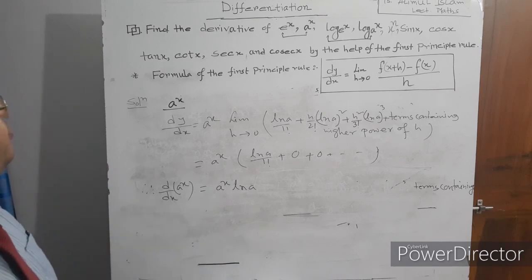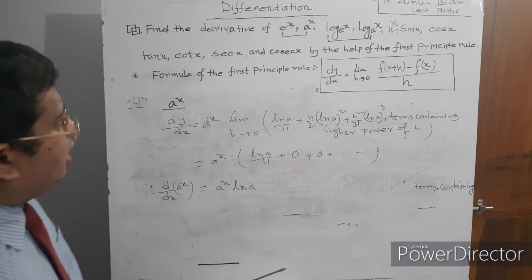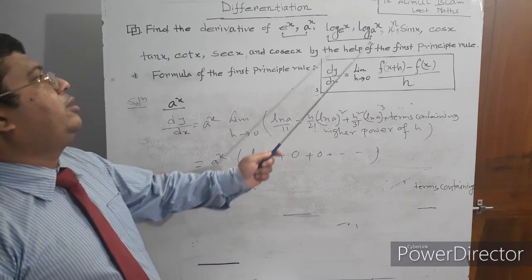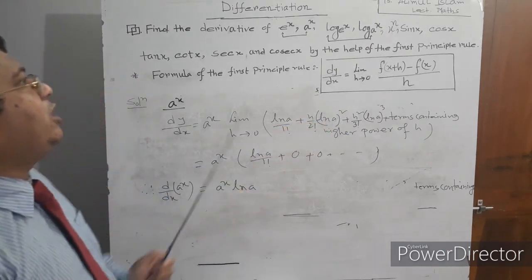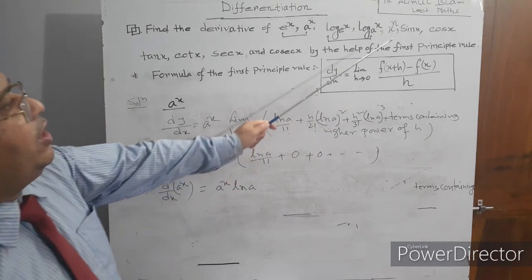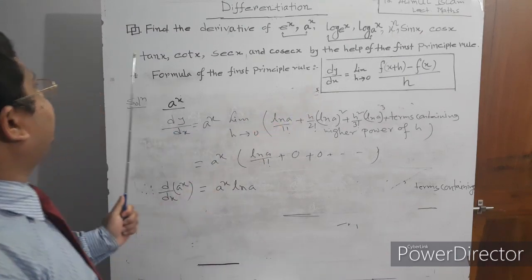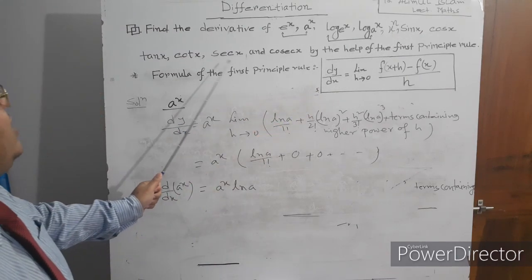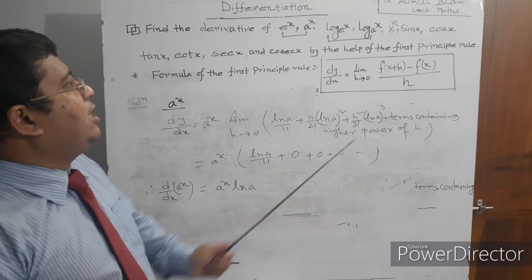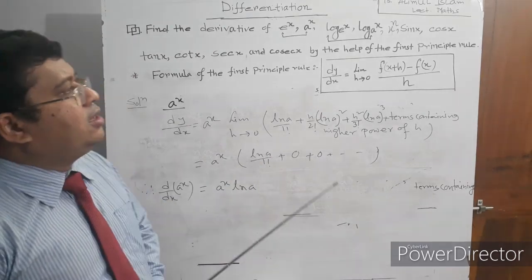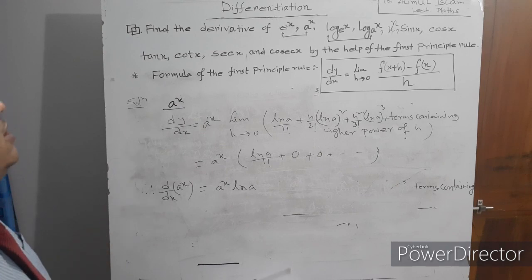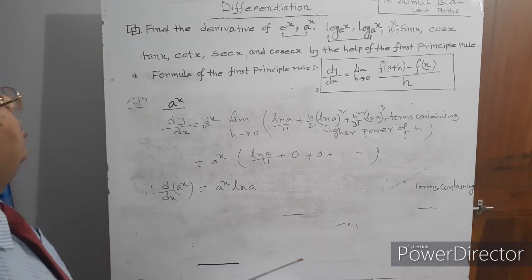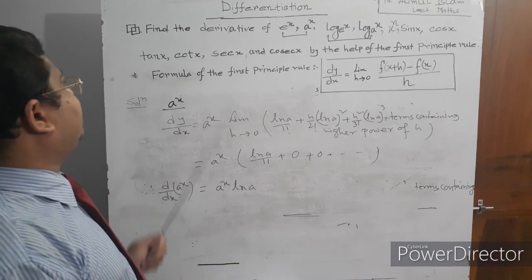Now again I am going to solve the trigonometric function. There are 6 trigonometric functions in here: sin x, cos x, tan x, cot x, sec x, cosec x. Among these 6 trigonometric functions, I will teach one function, tan x.